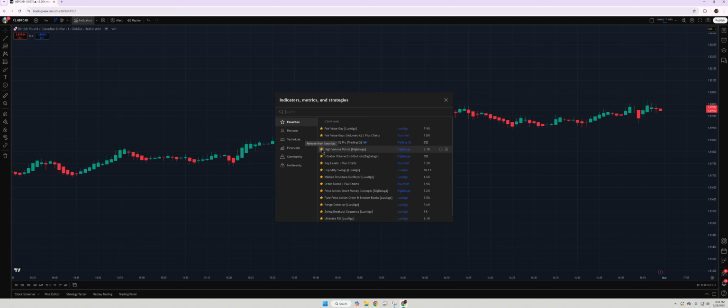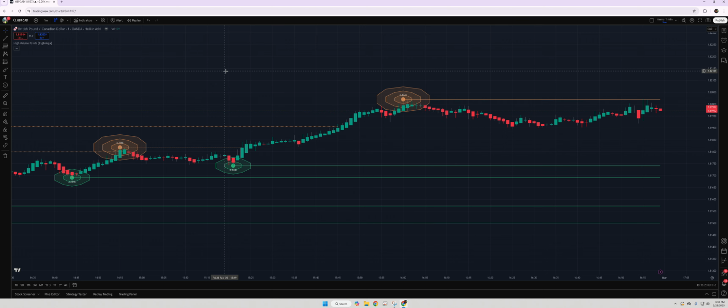Sometimes you see a star, sometimes you don't, but hover there and you'll see a star. Click that star and it saves it into your favorites. So the first one you want is this high volume point. Once you get it, click it, and it's going to add this to the chart.